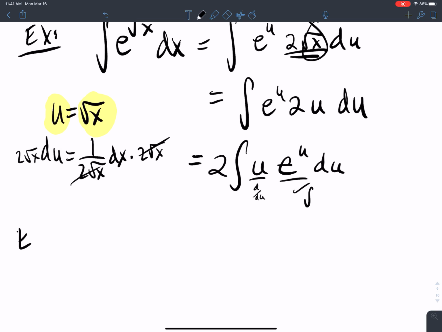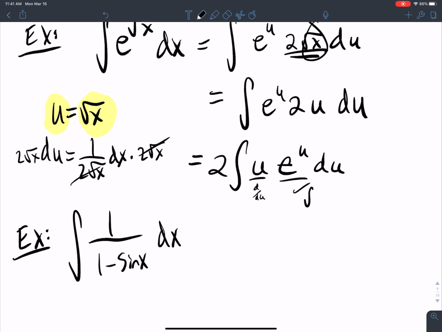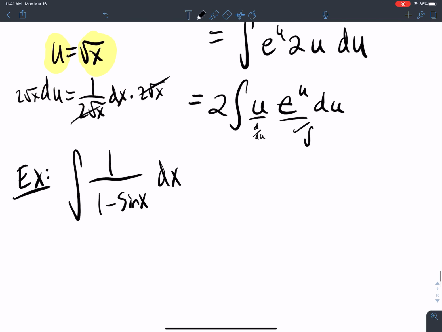Now, if a clever u substitution gets us nowhere, this one can cause nightmares, okay? There's no u substitution here that I know of that's going to get rid of anything that's going to be helpful for us. However, I can multiply by the conjugate.